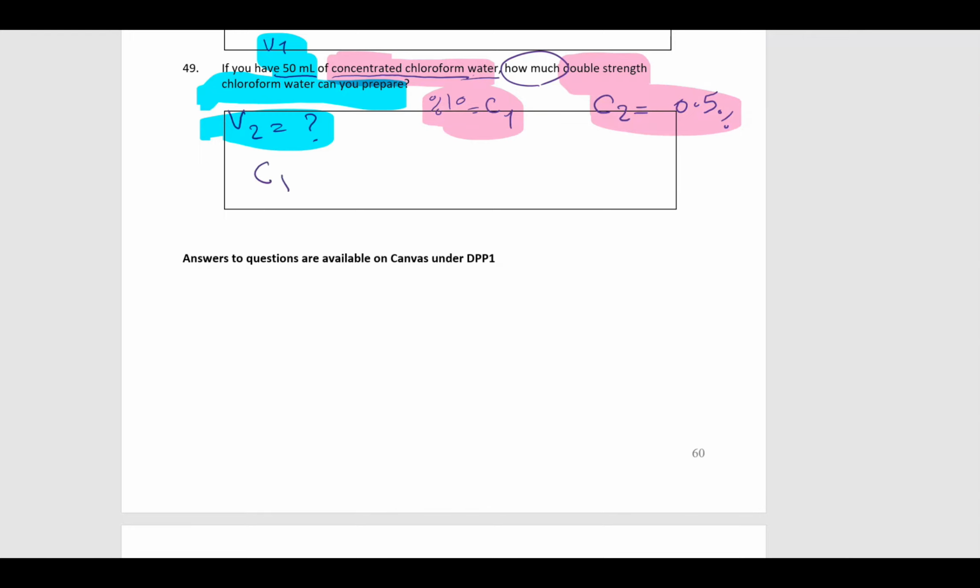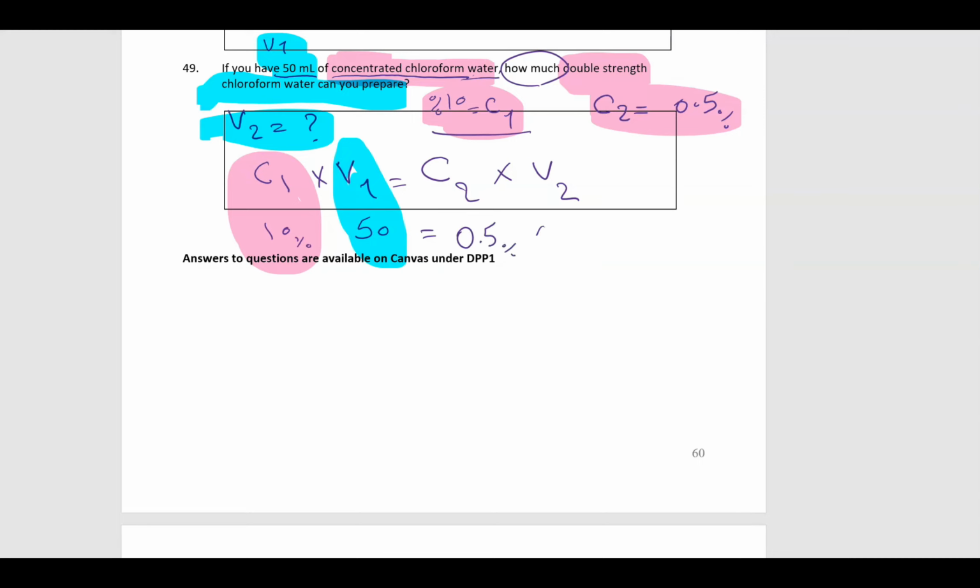Now C1 times V1 equals C2 times V2. C1, first concentration, is 10%. First volume is 50 milliliter, equal to second concentration 0.5 times the volume we are looking for.